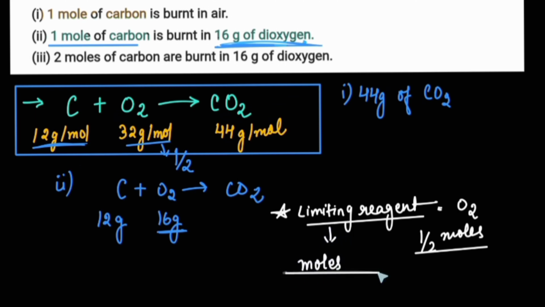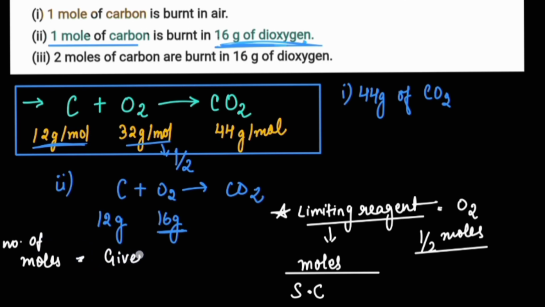We'll check the limiting reagent by this formula. In oxygen, the number of moles is half and the stoichiometric coefficient is 1. So the limiting reagent will be oxygen only, as it has half of the moles.